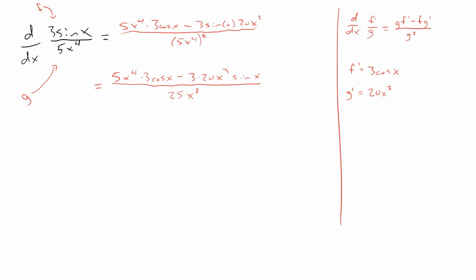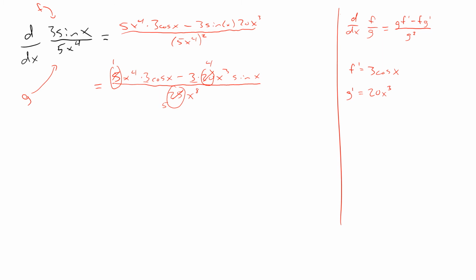To clean this up a little more, I notice every piece has something divisible by 5, so I can reduce those. That 5 reduces down to 1, the 20 reduces down to 4, and the 25 reduces down to 5. We also have 3's showing up in the two pieces on top, but there's nothing on the bottom divisible by 3, so we can't reduce those.